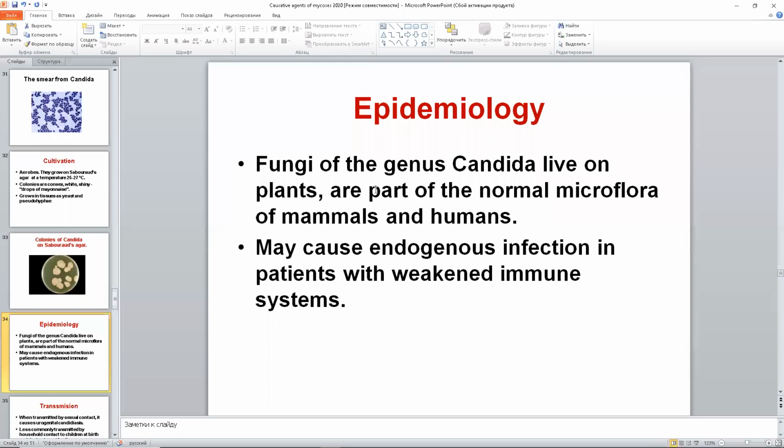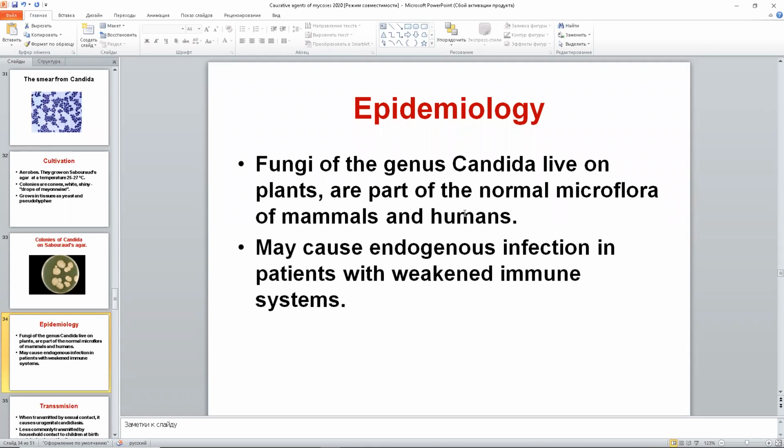But I told you that they are able to exist on skin and on mucosa, not inside the body, not in internal organs, of course. In healthy people, they are able to multiply just on the mucosal membrane of the oral cavity, on the nose and on the skin, and sometimes on the mucosa of the genital tract, just in a very, very small amount.